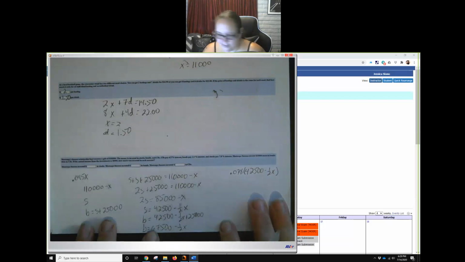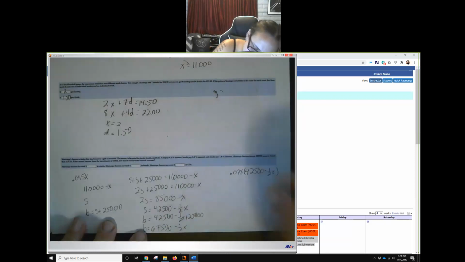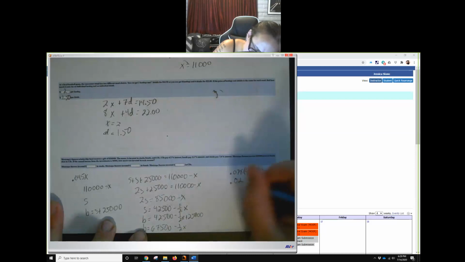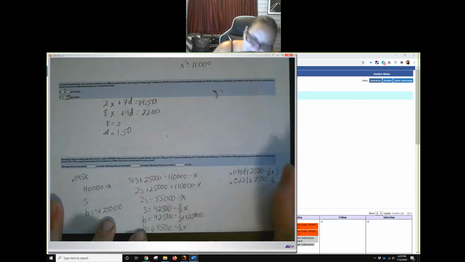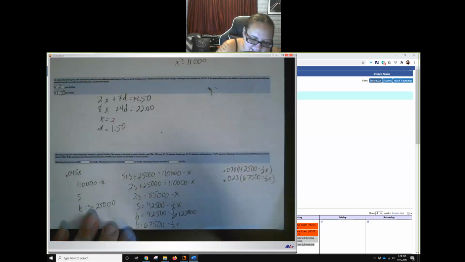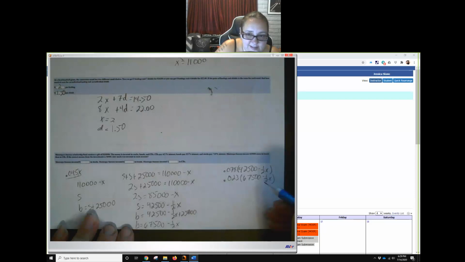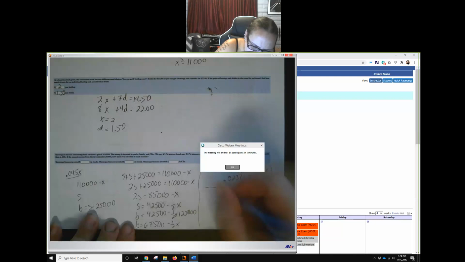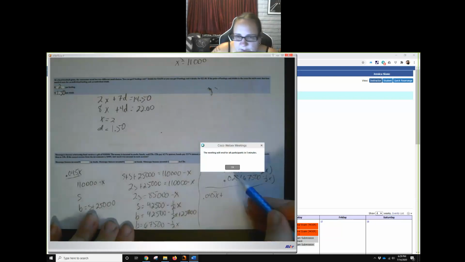Bonds pay 2.3. I'm running out of room. Now I want to add this, this, and this together. So let's do that. 0.045x plus, I'm going to distribute at this step.